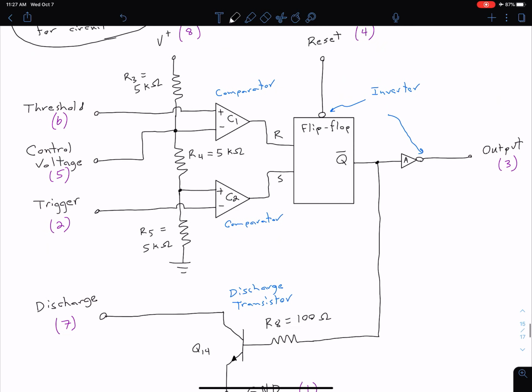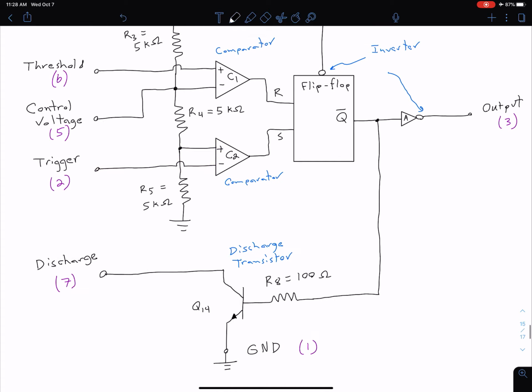So coming back up here to our diagram, we're now looking at this bottom comparator C2. And of course we see one of the inputs is the trigger. So that's why we're calling it our trigger comparator. What we can see is, again, we have a fixed input based on this voltage divider. Now it's to our non-inverting terminal. And then this external input from our trigger, again, it's hopping over, so it's not connected there, is connected to our inverting terminal.